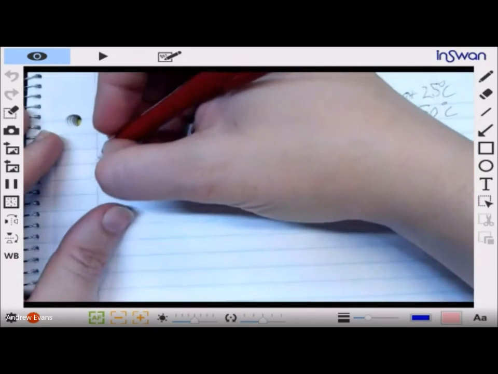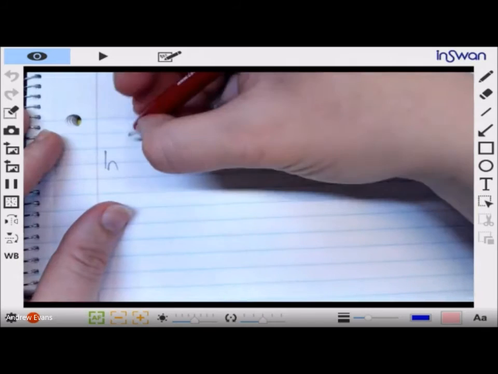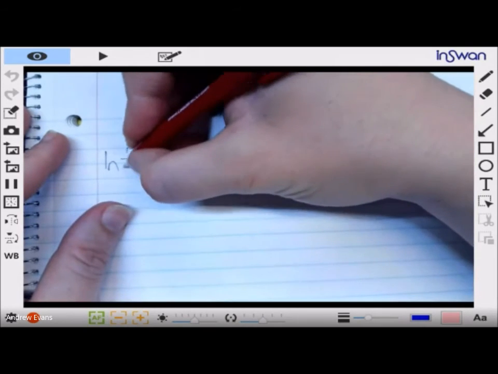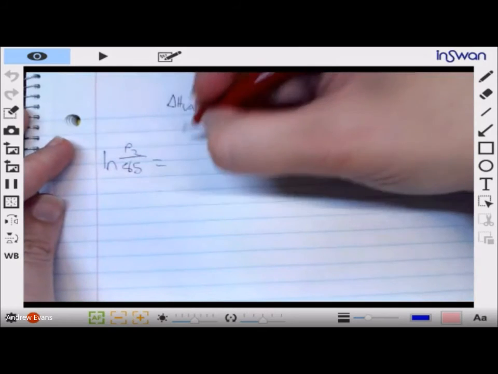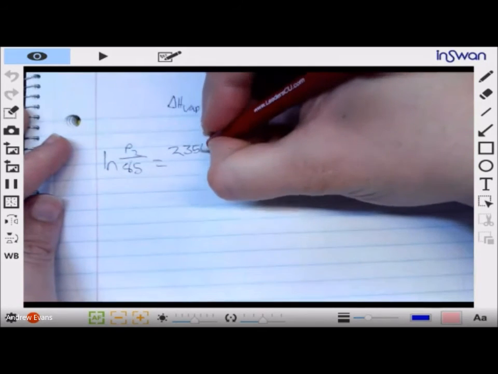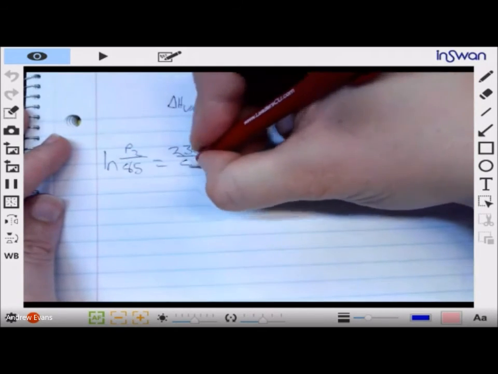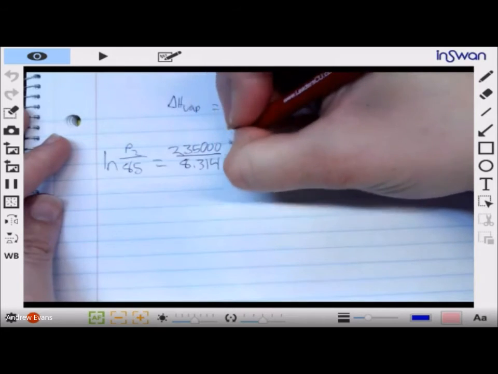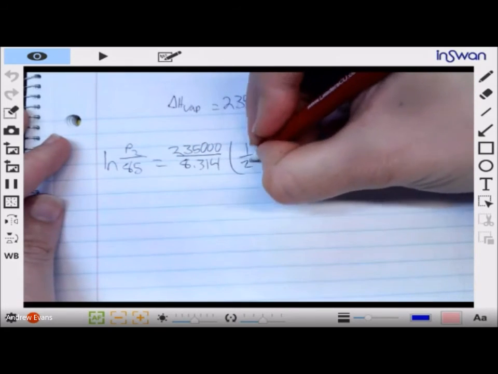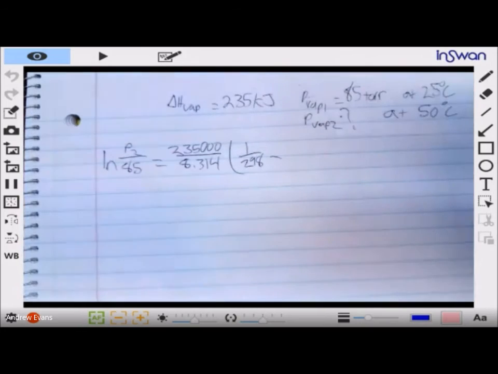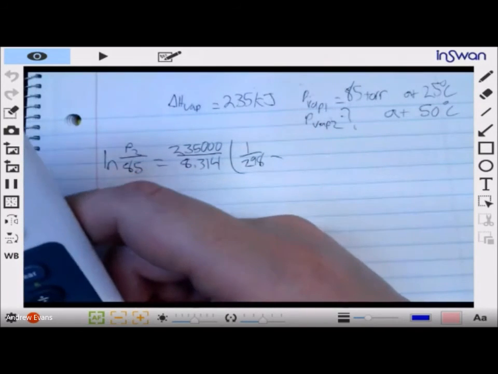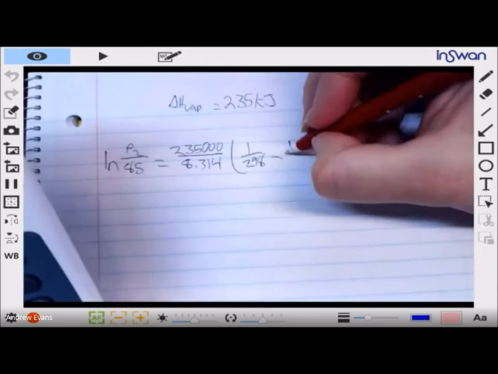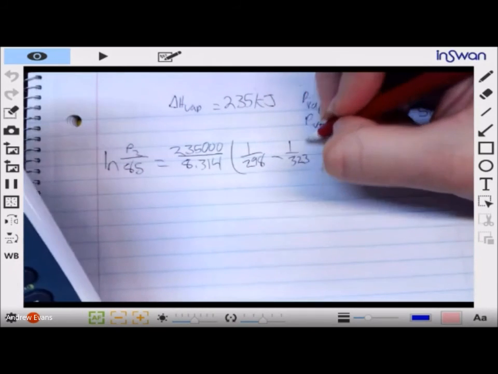So plugging in, ln(P2/85) equals 235,000 over 8.314, and we have to do this in Kelvin: 1 over 298 minus 1 over 323, which is 298 plus 25.